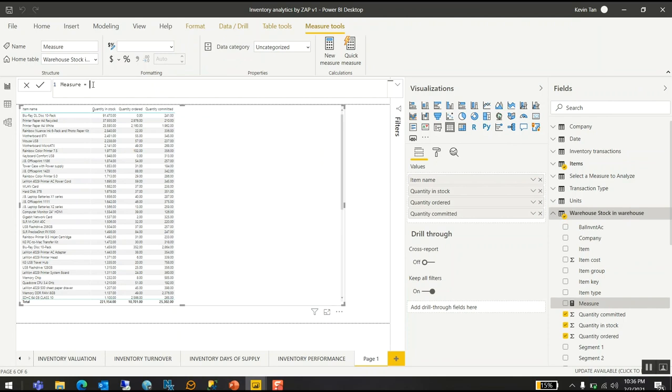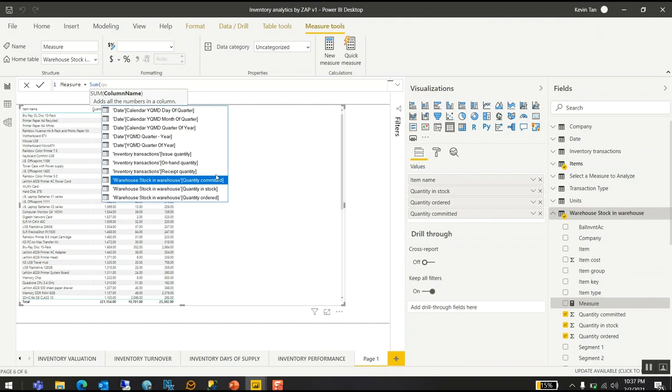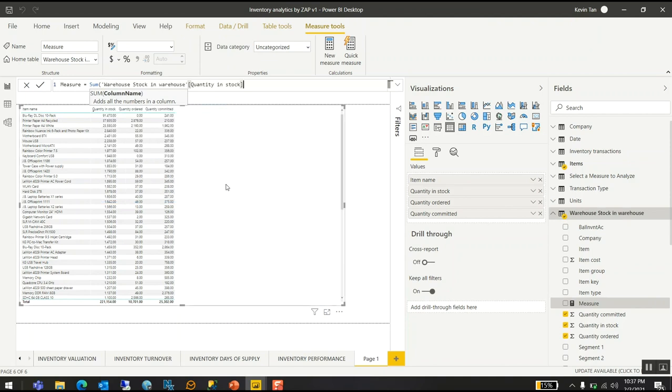So again, my formula is I need to first sum up the data because Power BI does require a sum, especially on a measure, for it to come up correctly. So it's going to be a sum of open parentheses, and that would be my quantity in stock. So just keyword search, say quantity in stock, right? Now I'm just closing the brackets there, plus whatever I've already ordered.